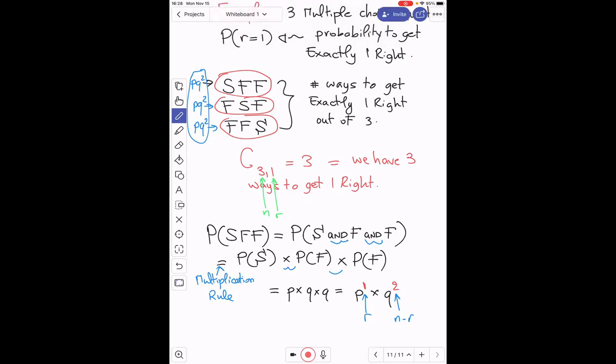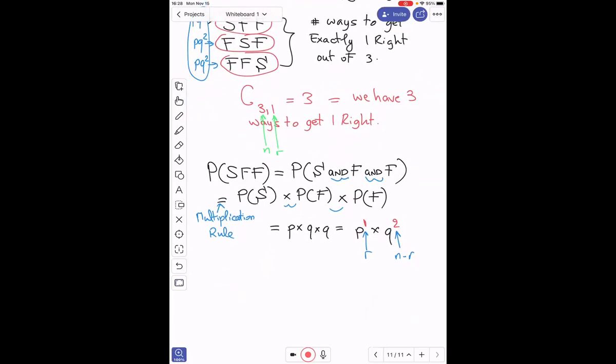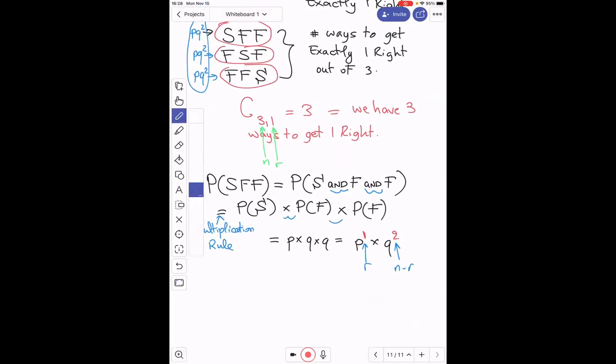So the probability that R is equal to 1 here will be N choose R. We have 3 trials, 3 different questions. We want to get one right answer out of 3. So this is 3 choose 1 times P to the power R, we need 1 success, times Q to the power.